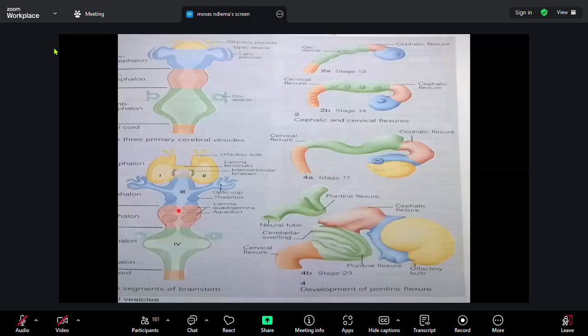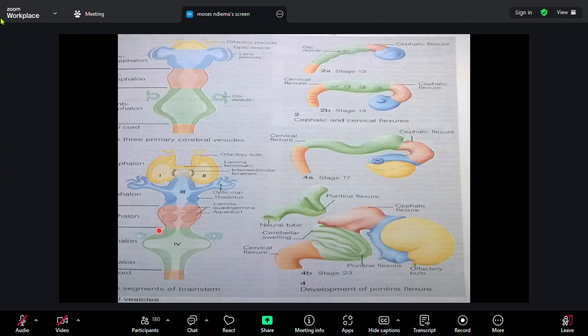In the case of the mesencephalon, there is very rapid proliferation of the neuroblasts, so that we have a lot of nuclei in the midbrain, and this results in the narrowing of the lumen that forms what we call the cerebral aqueduct.